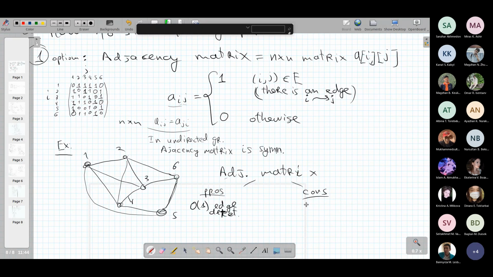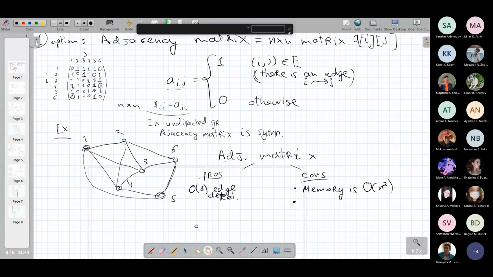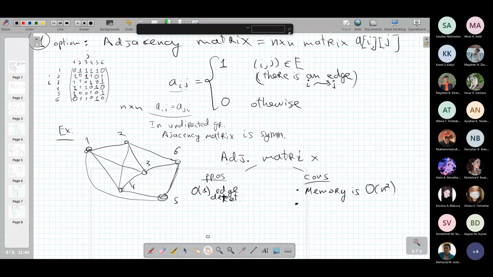And the consequences, the cons. First is memory, which is big O of n square, which is a lot. If there are lots of vertices in the graph, then you cannot store an adjacency matrix.